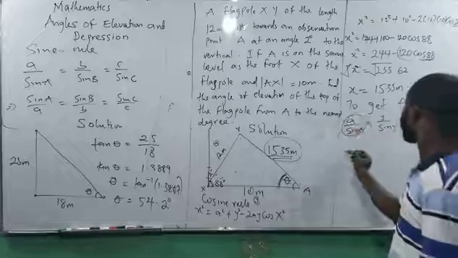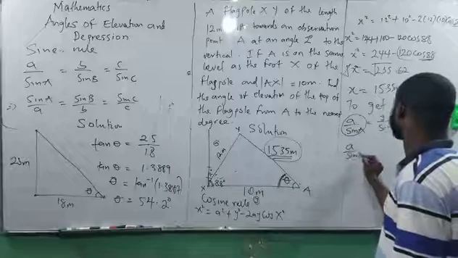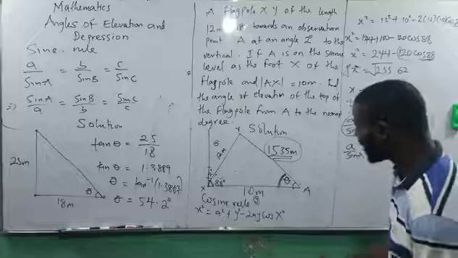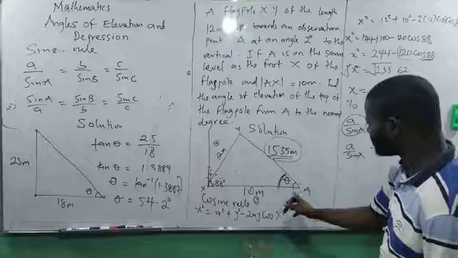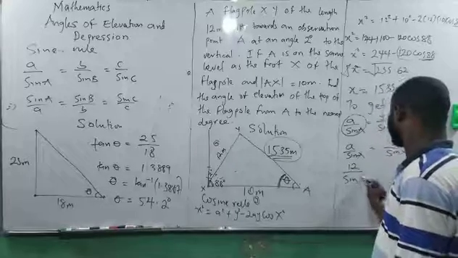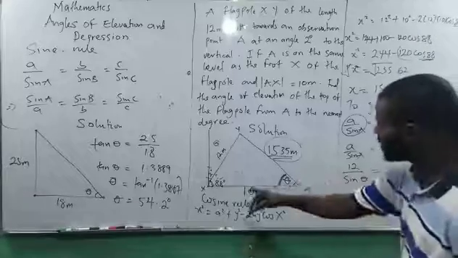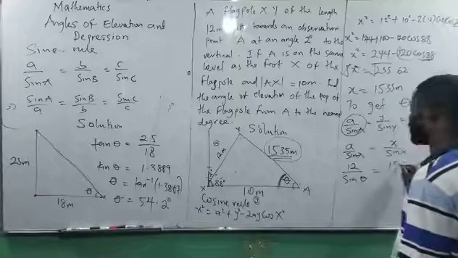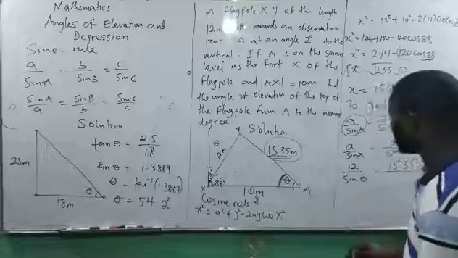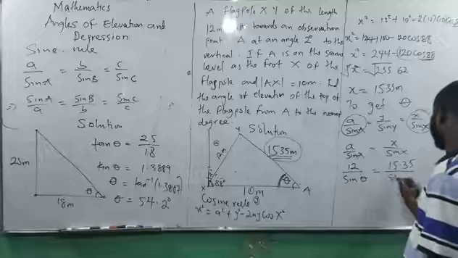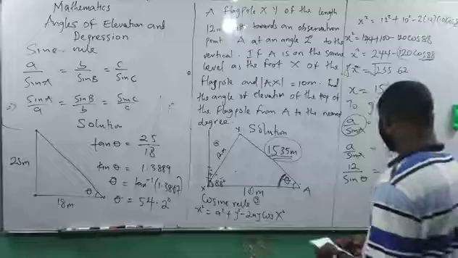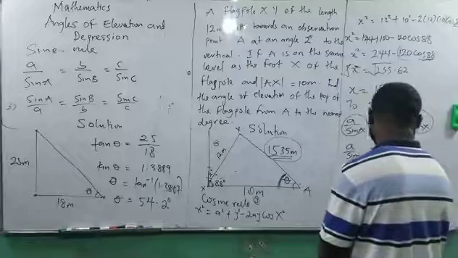I will relate it together, which is a over sine A equals x over sine big X. Now, what is my a? My a is given as 12 divided by sine theta equals, what is my x? 15.35 divided by sine X, and X is going to be sine 88. Now, I think it's making sense. At this point, I am to cross multiply.